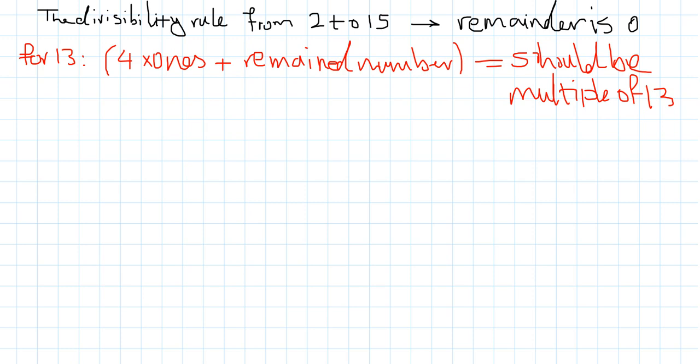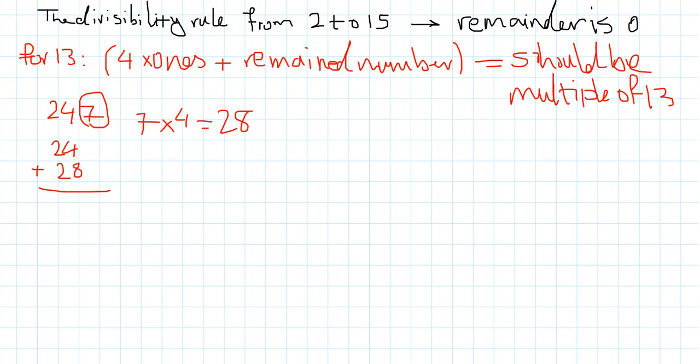Let's go by example. 2, 4, 7. Look at the ones place value. 7 times 4 is 28. So I have 28. I say 28 plus the remaining number 24. So 24 plus 28, I add this and check if it is divisible by 13 or not.